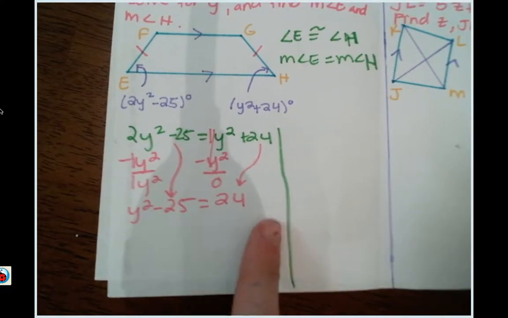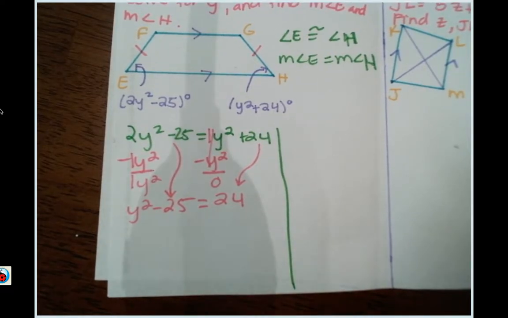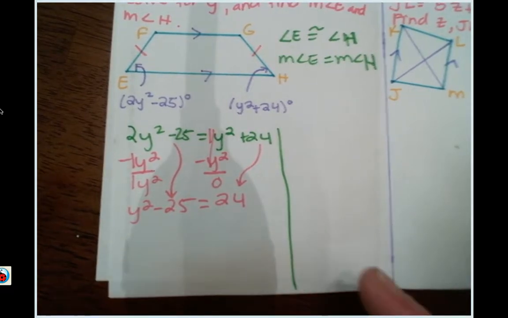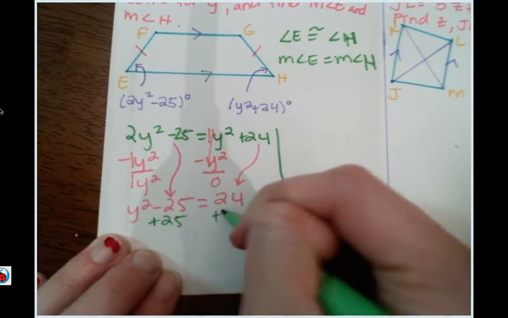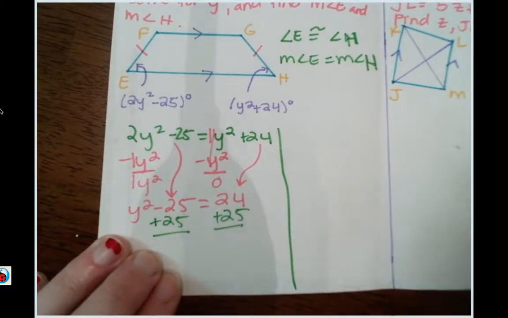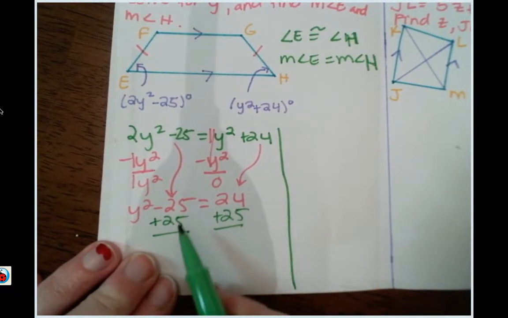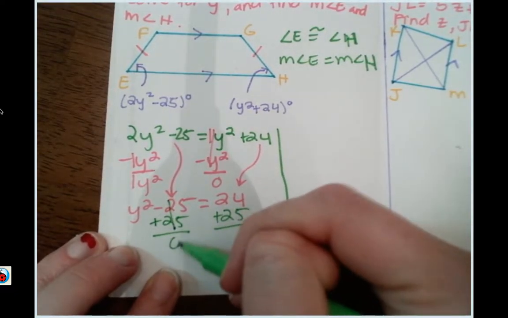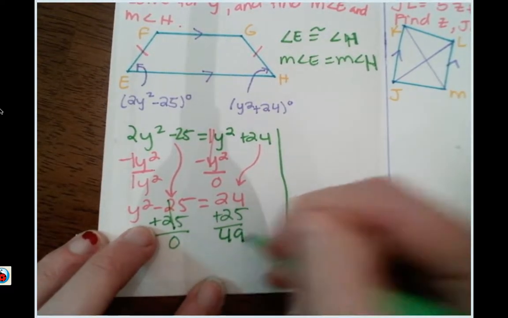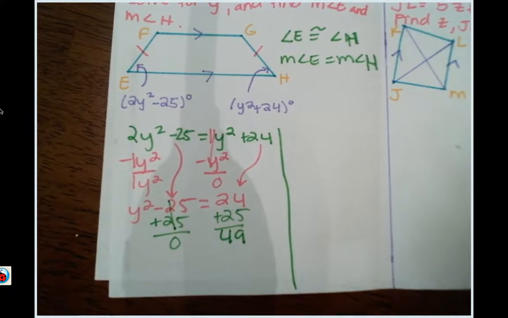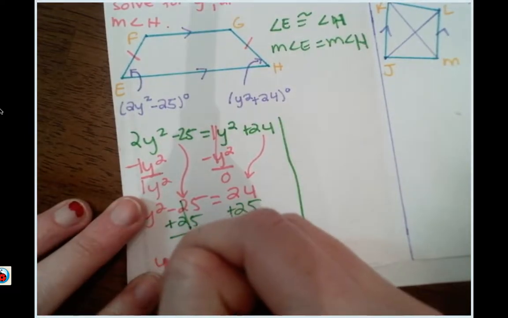How do I bring a negative 25 to the other side? I add 25 on both sides. Negative 25 plus 25 cancels and turns to 0, and 24 plus 25 gives me 49. So I currently have y squared equals 49.